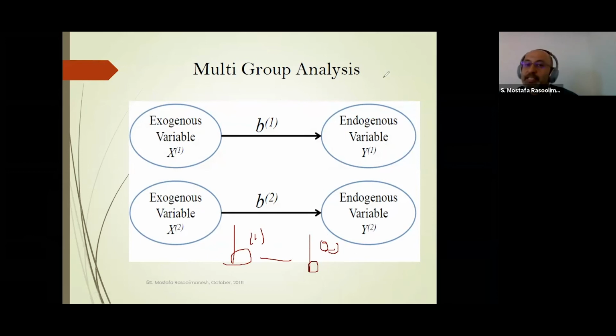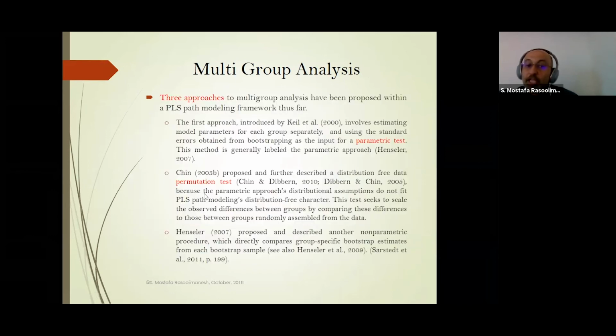It's better to apply a non-parametric test. The permutation test and the non-parametric test developed by Henseler are both non-parametric methods to compare path coefficients between two groups, so it's better to apply these two.